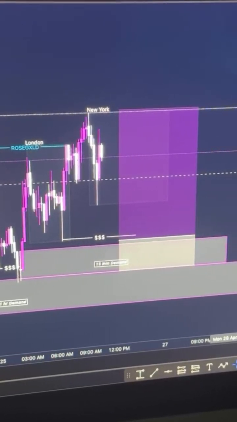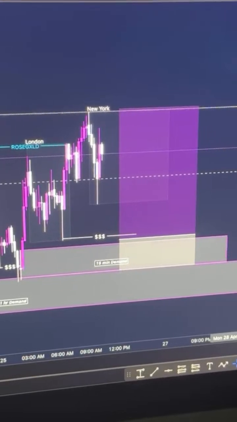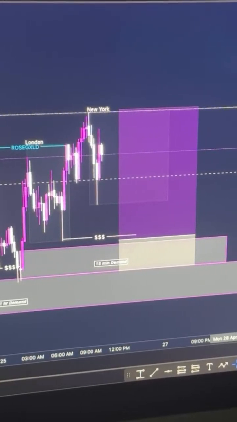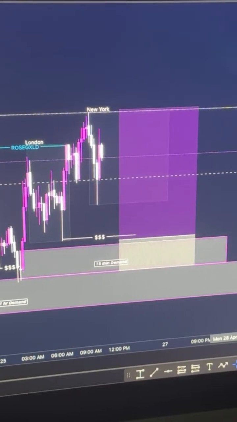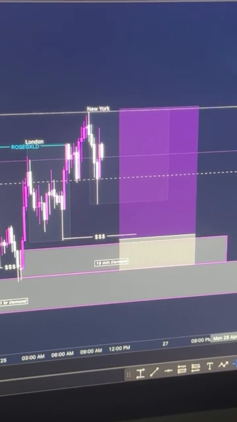So even if a setup plays out before news, I won't take it until after news. You understand? So if after news I just don't get a second setup, then that's totally fine. But I love when setups play out after news, probably like half an hour after. Because the volume is crazy, bro. Volume is crazy after news, so I kind of like that most of the time.